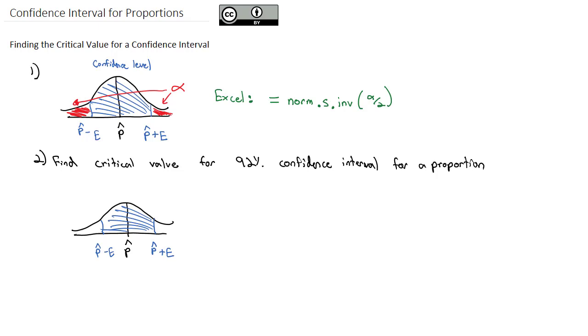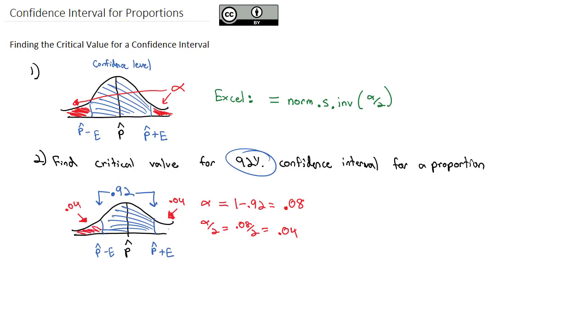We want to be in the middle of that. Well, if we want to be 92% confident, that means 0.92 is in that blue area. The alpha then, the area in the outsides, would be what's left when we take 1 minus 0.92. This gives us an alpha of 0.08. But that 0.08 is split up equally on both sides. So half of alpha, alpha divided by 2, is 0.08 divided by 2, which gives us 0.04. There is 0.04 on each side of that distribution.